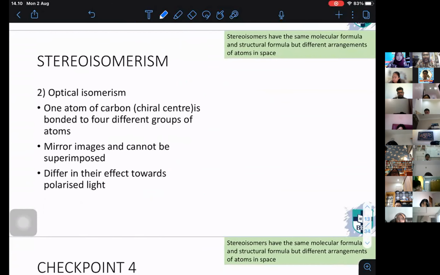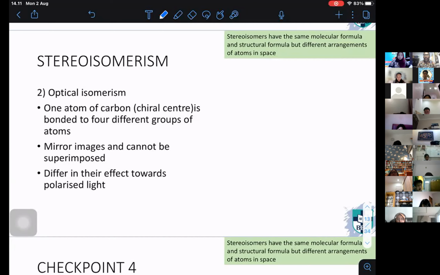Now, another type of stereoisomerism that you need to know is optical isomerism. One atom, which is known as a chiral center, is bonded to 4 different groups of atoms. When we form the image, the images cannot be superimposed. Something like your hand, your left hand and right hand.